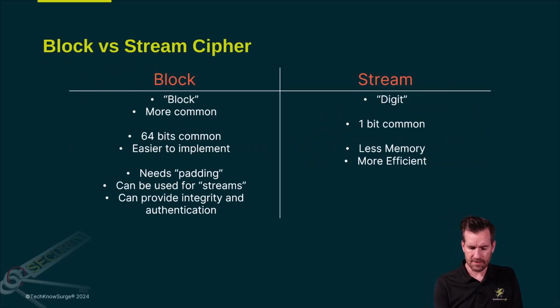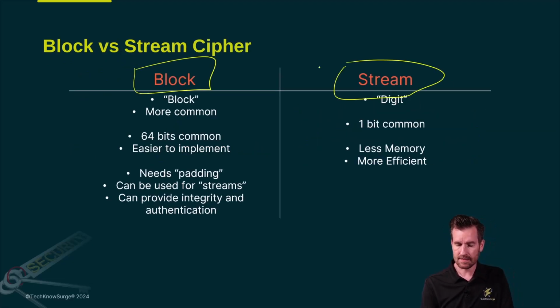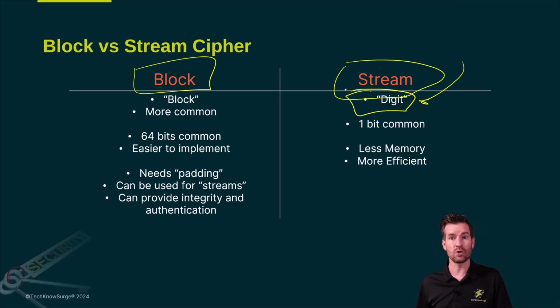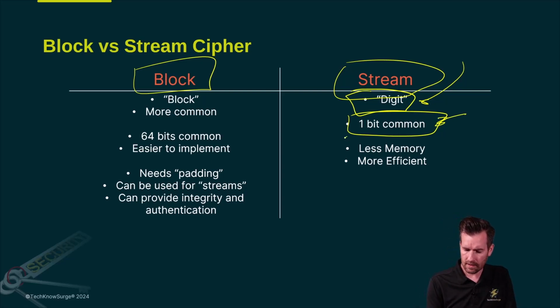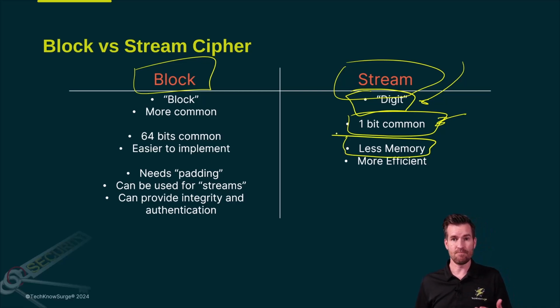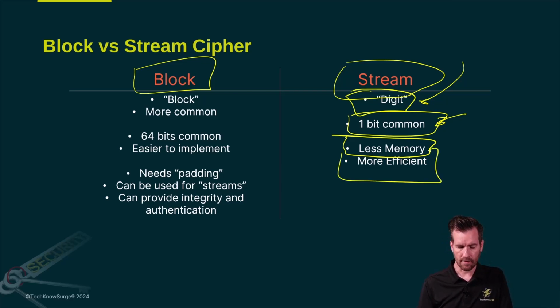A few other differences between block and stream ciphers is that a stream cipher works on a digit at a time, and very commonly that's 1 bit at a time, or maybe 1 byte at a time. But because this is such a smaller chunk of data, it uses less memory. There's less to process at a time, so it uses less memory, and that makes it more efficient.